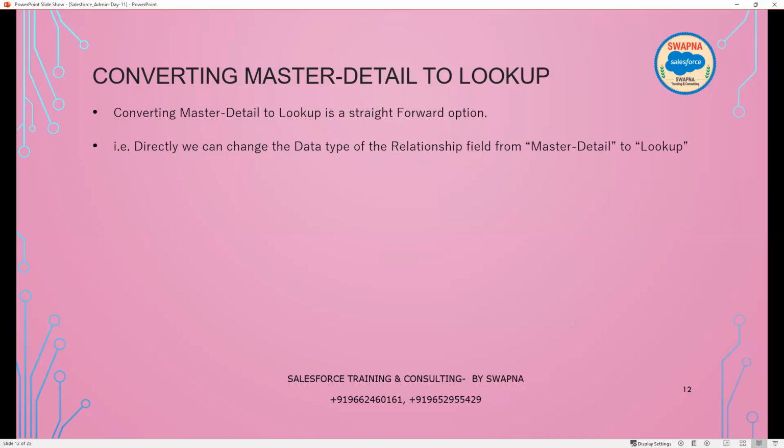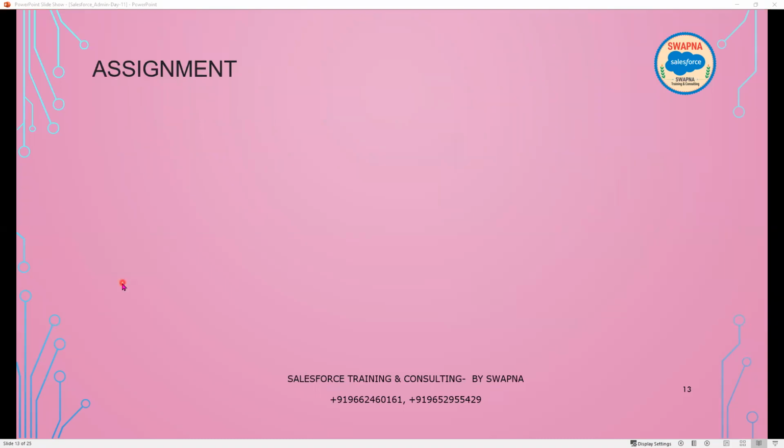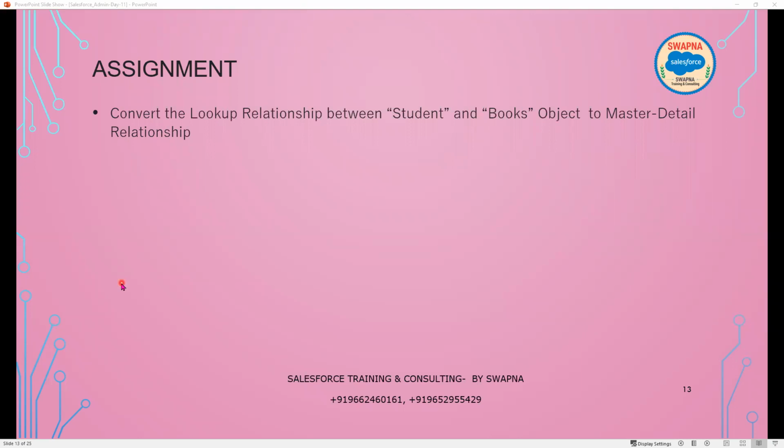Okay. Now let's move on. The next one is assignment. Take an assignment. Convert the lookup relationship between the student and books object to the master detail relationship. Yesterday, you might have implemented the relationship between the student and books.